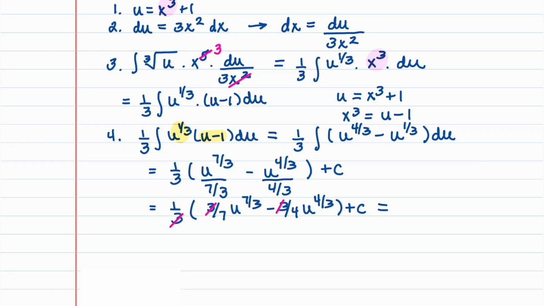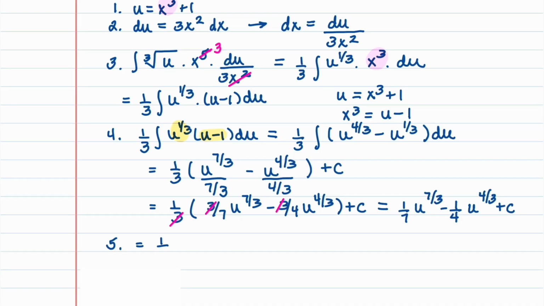And this leaves us with 1/7 u to the 7/3 minus 1/4 u to the 4/3 plus c.